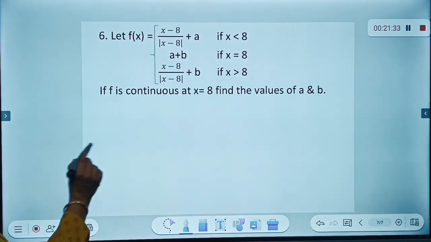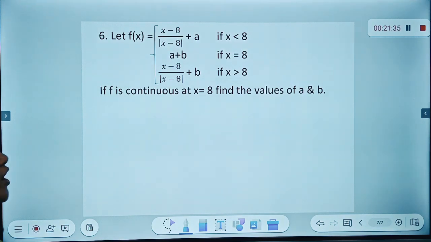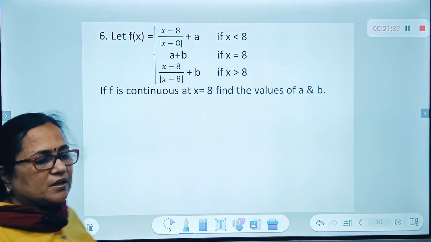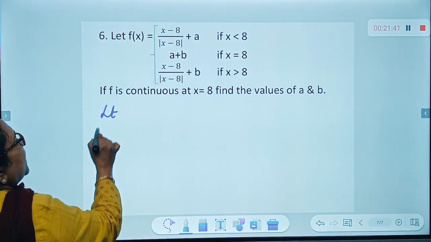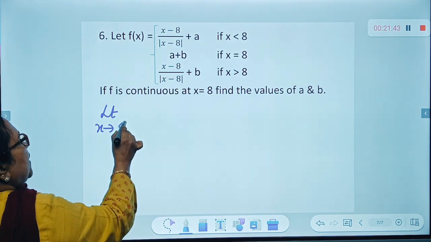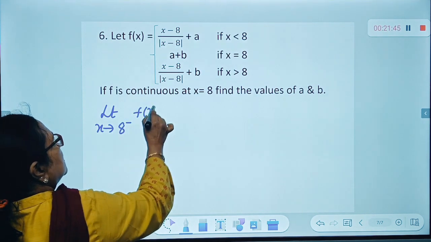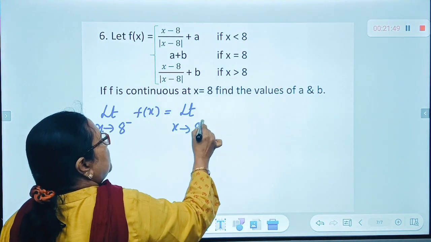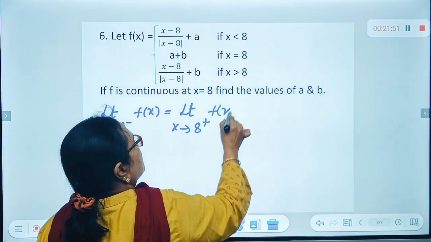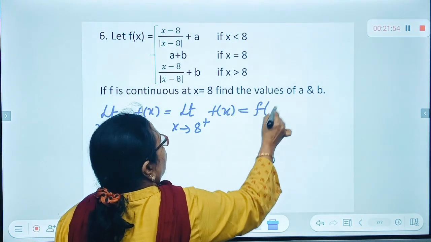If f is continuous at x equal to 8, you have to find the values of a and b. So what is given? The function is continuous. So limit x tends to 8 minus of f of x is equal to limit x tends to 8 plus of f of x equal to f of 8.